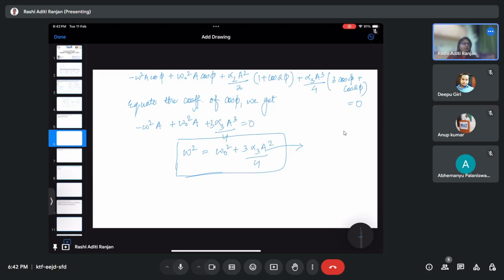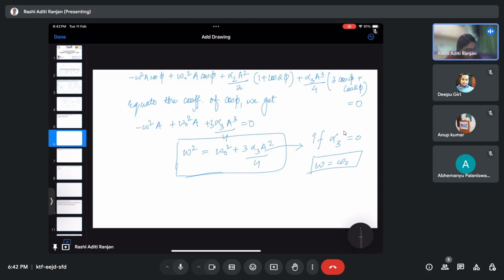Also, it is important to see that if alpha 3 equals 0, omega will be equal to omega naught, which means that if the nonlinearity is not present, my system is always going to oscillate with the natural frequency of the system.